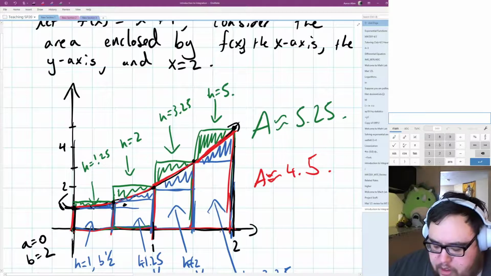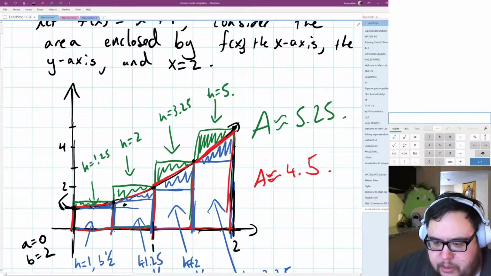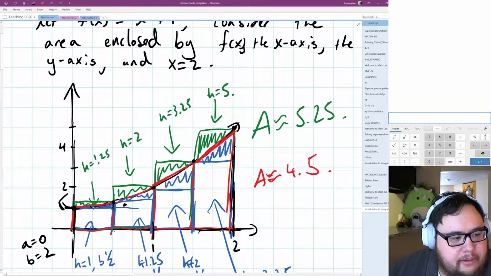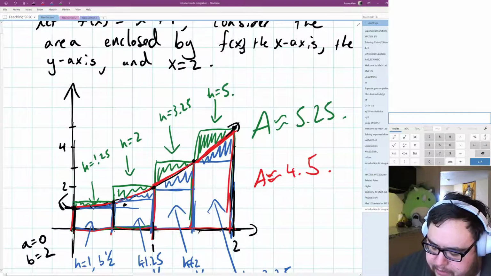So the width of each of these rectangles, we had 4 rectangles, would be 2 minus 0, which is 2, divided by 4, which is 1/2. So that's our 1/2, right?